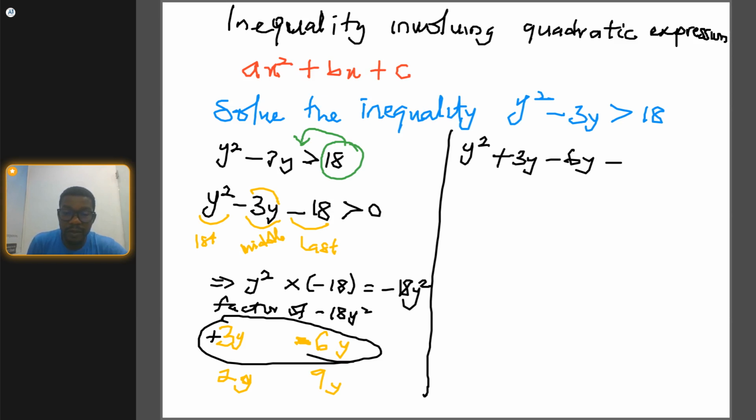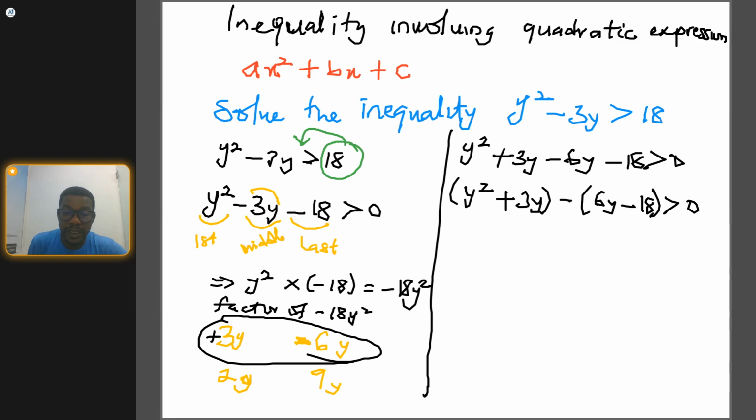Then we have minus 18, which is the constant we had before, is greater than 0. Grouping by 2, we have y squared plus 3y close bracket, minus into bracket 6y minus 18 close bracket greater than 0. Now what is common to y squared and 3y?